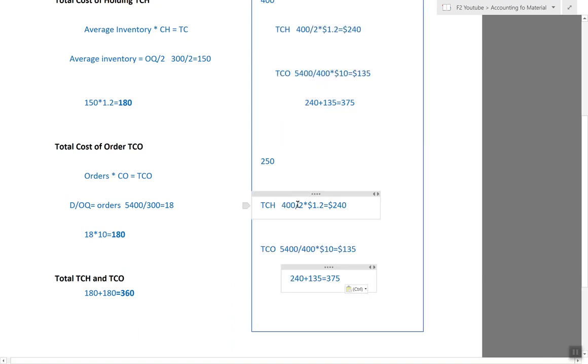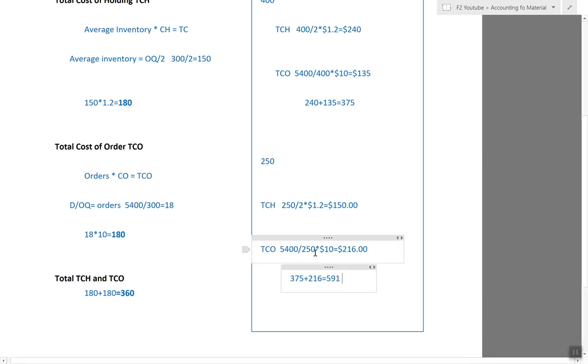If we order 250 units at a time, then it is 250 divided by 20. Obviously, holding cost will be less here, becomes 150, and then taking that, finding the ordering cost is 216. So 375 plus 216 equals 591.